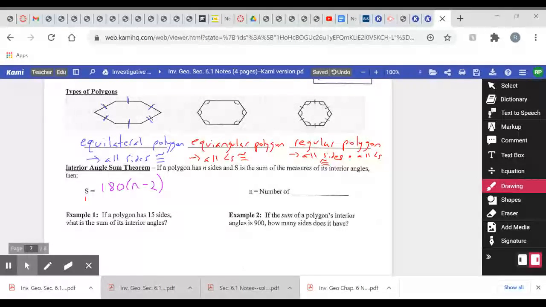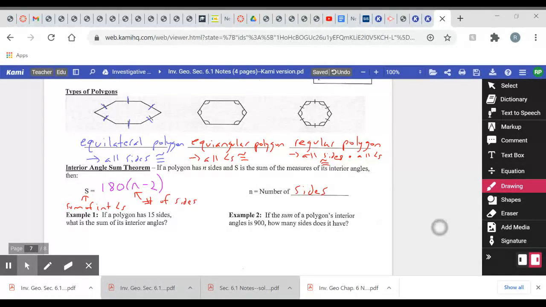The S stands for the sum of the interior angles, and the n stands for the number of sides, which is actually what it says off to the right here. S is the sum of the interior or inside angles, and n is the number of sides.